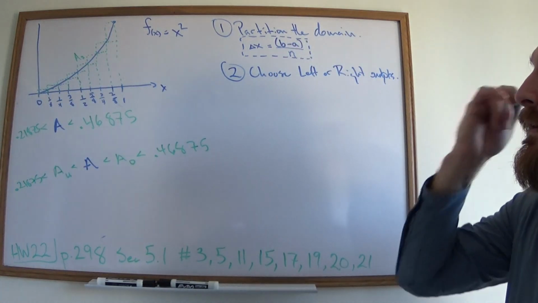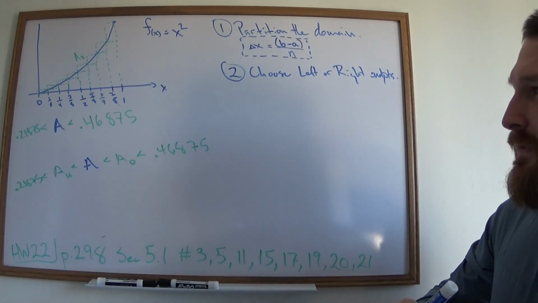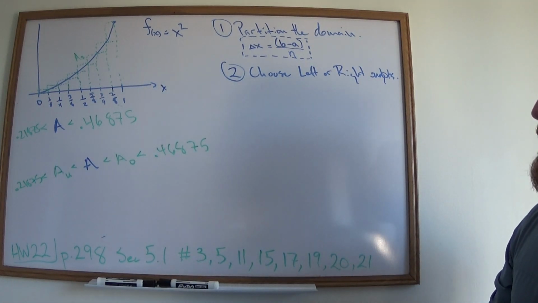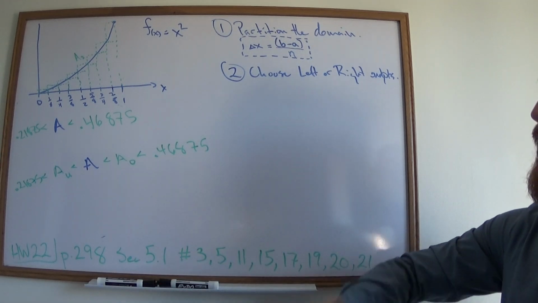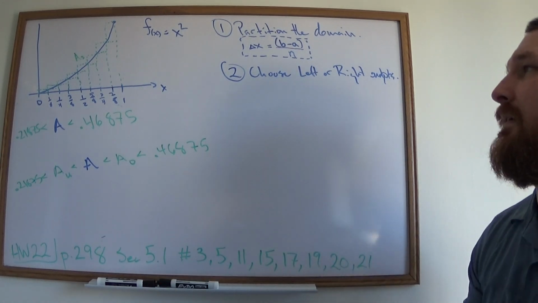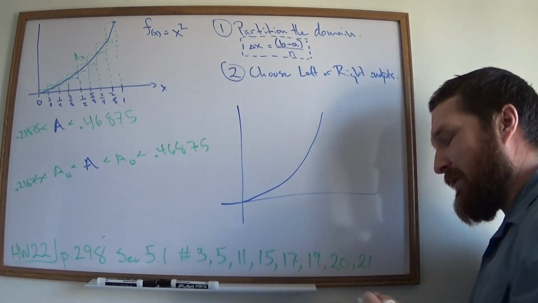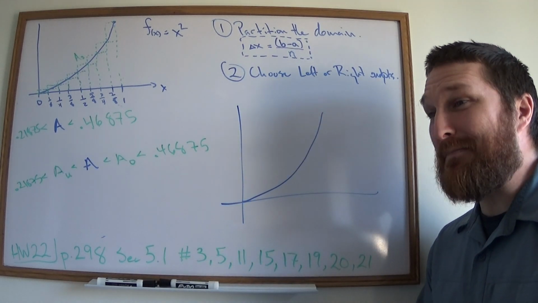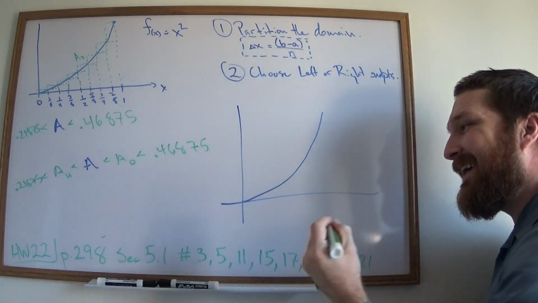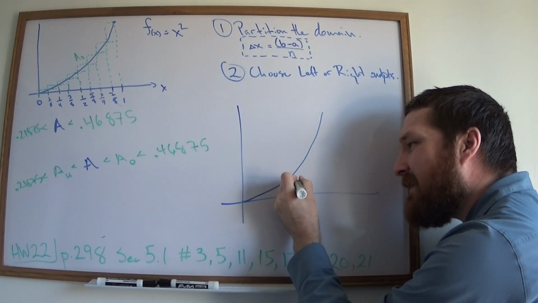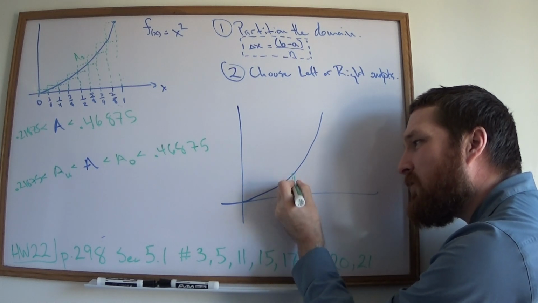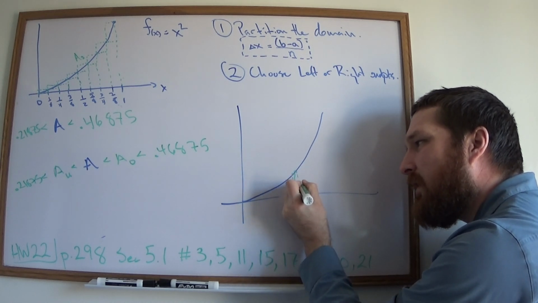Right. And now I think you can imagine what happens as we take n to get bigger and bigger and bigger. Right? Eventually, maybe one might say in the limit, right? In the limit, this overestimate gets so small, right?